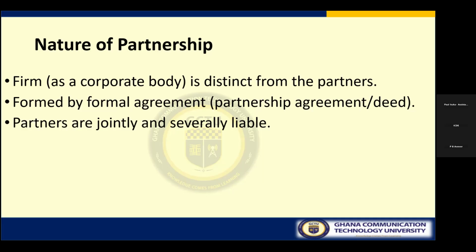So what it's saying is that if one partner goes and transacts a business in the name of the partnership business, if he goes out and messes up in a business transaction and there is a liability, all of you will be held accountable.